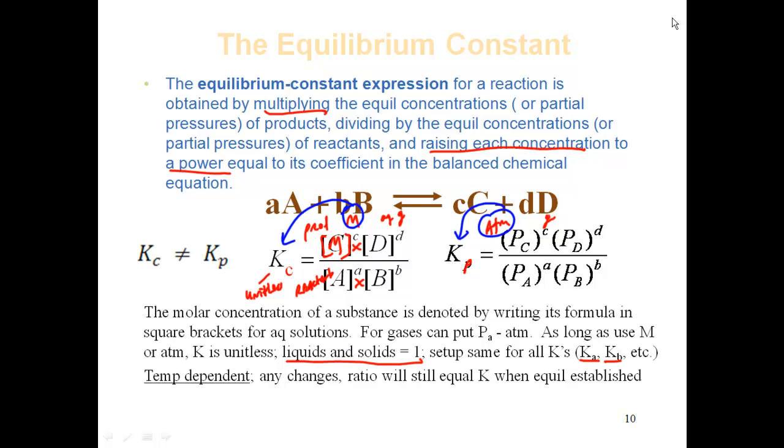Other thing, as I said before, it is temperature dependent. Okay, so if I have a K, it's based on some temperature. Also realize if I do any changes by adding reactants, products, or whatever, that things are going to shift until it reaches equilibrium again. Okay, so all those concentrations will change. But in the end, when I reach equilibrium again and it's reestablished, that ratio will be equal to that K value.